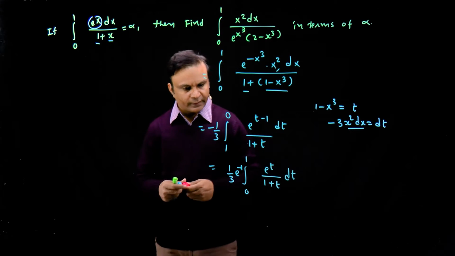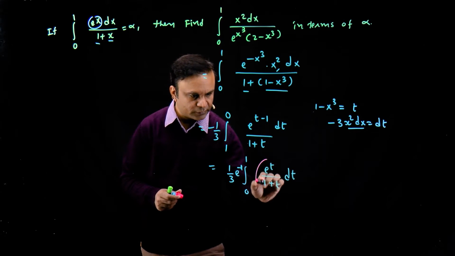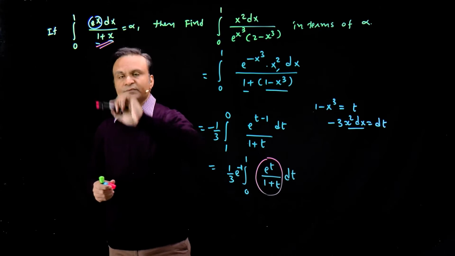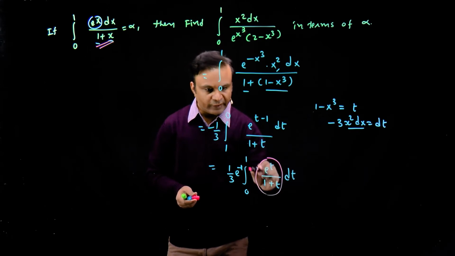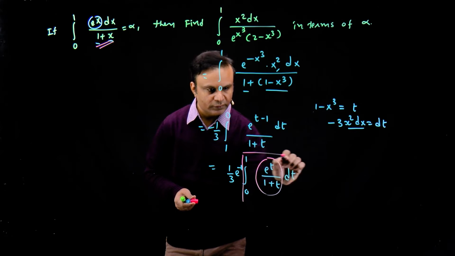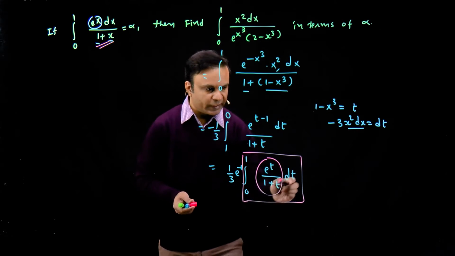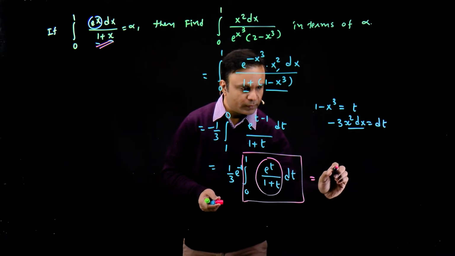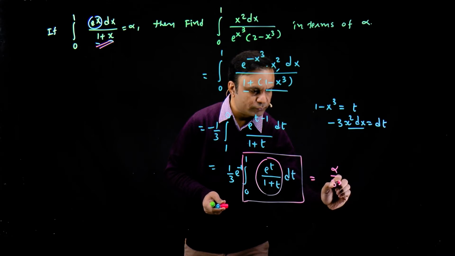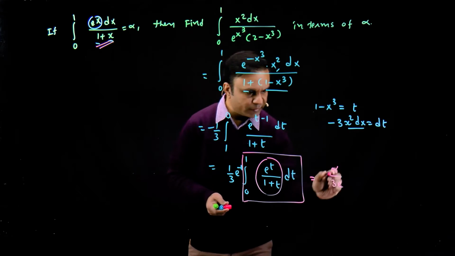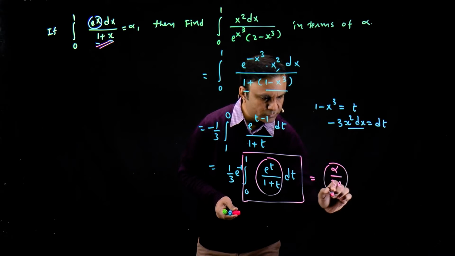Now you can see this function is same as this function. The value of this integration is given. This is alpha. So I have this is equal to alpha upon 3e. This is e power minus 1, so e will go into denominator. I have alpha upon 3.